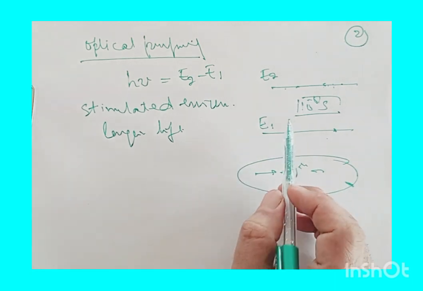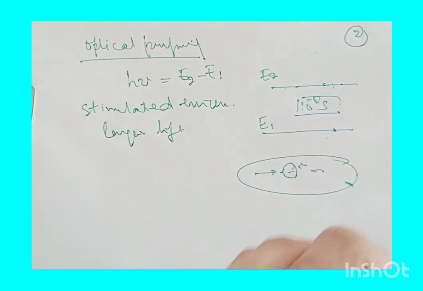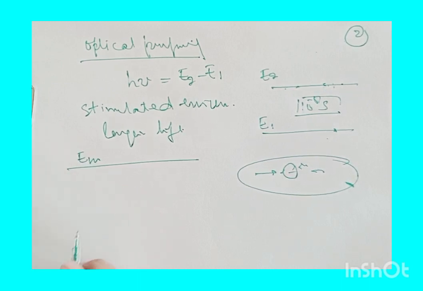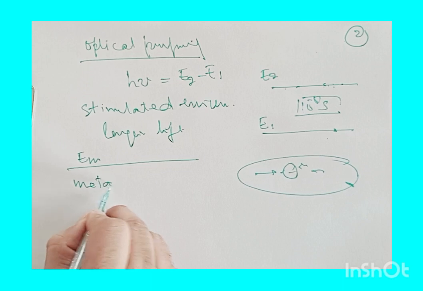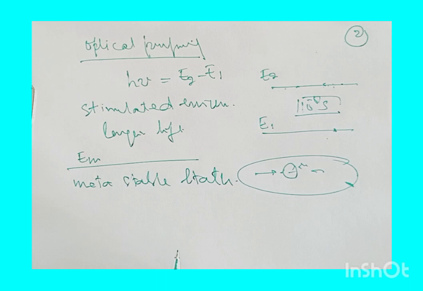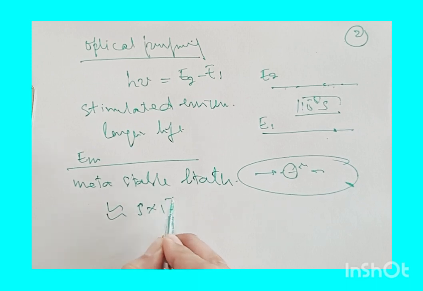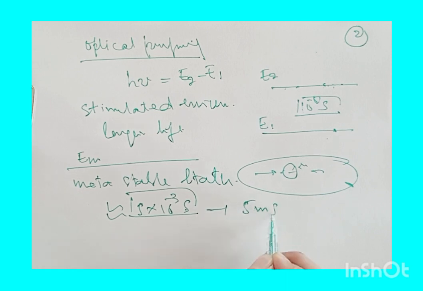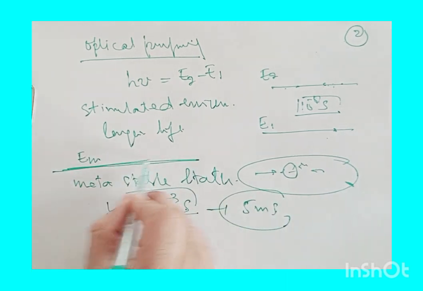The energy states where they will stay, suppose this is that energy state, are called metastable states. They are stable on an atomic scale, although they may last for the order of 10 to the power of minus 3 seconds, or simply I should say 5 milliseconds in this metastable state.